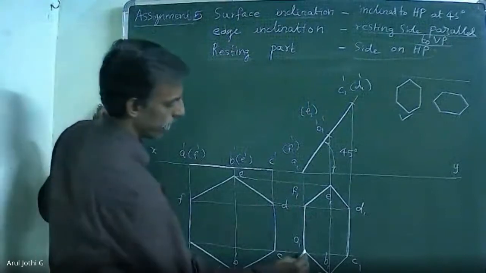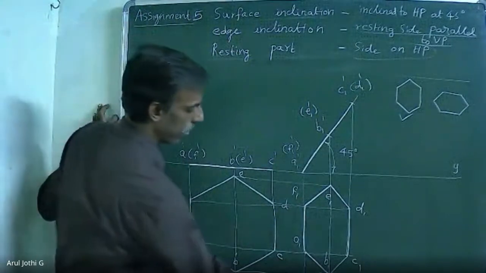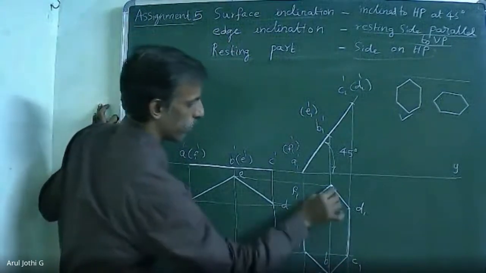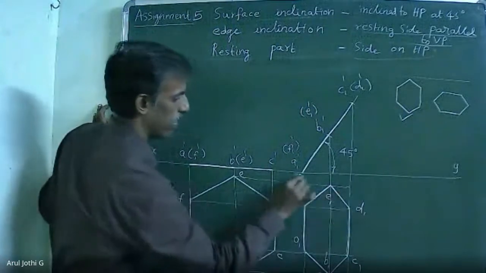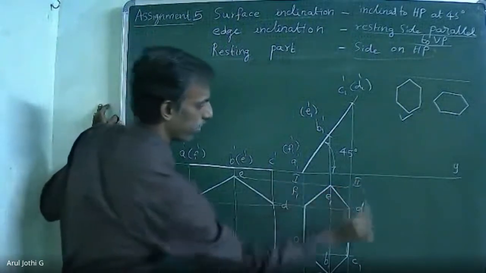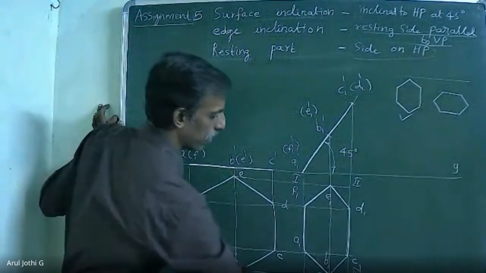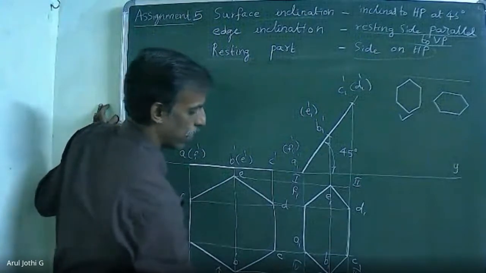Now enclose the top view inside the rectangle. For this, I am going to give the notation 1, 2, 3, and 4.